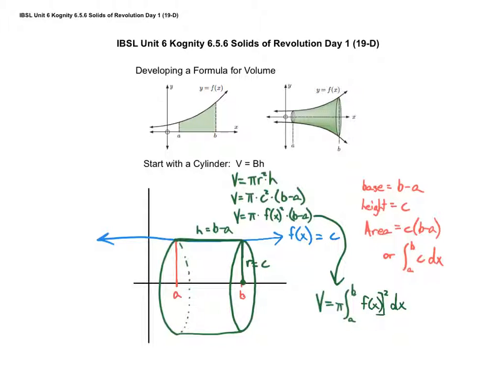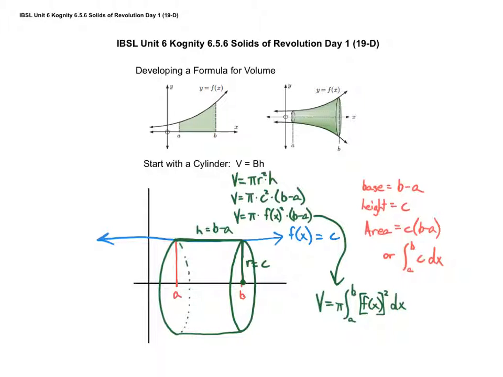And notice the entire function gets squared. Now you might say, well, where'd the b minus a go and where'd this dx come from? Well, remember that differential, the dx was the width of all those rectangles? Well, here you put all those together and that's what gives you the height of our cylinder. dx is equal to b minus a.